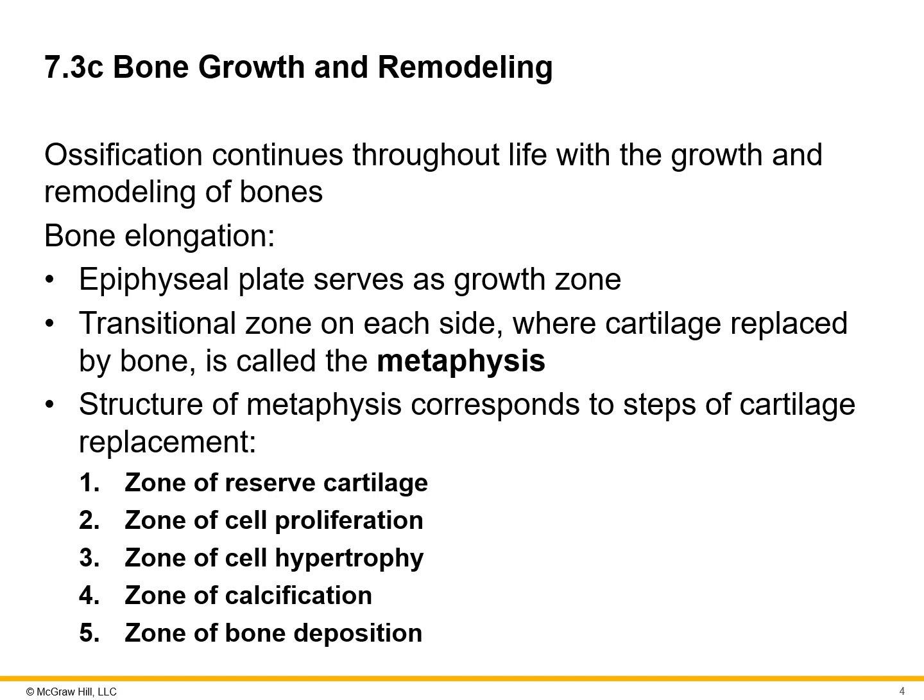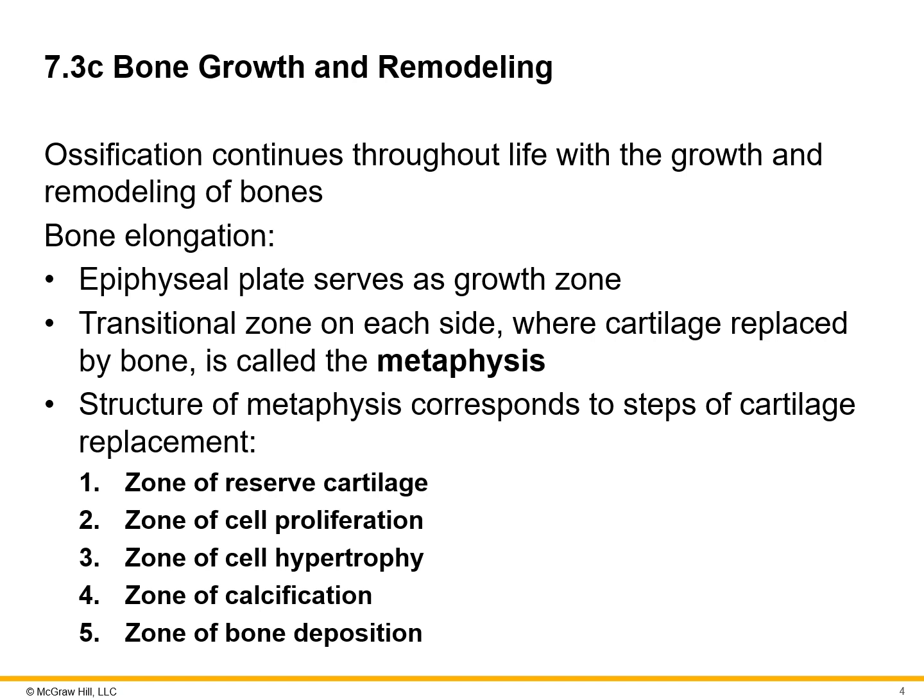This is going to serve as the growth zone. There is a transitional zone on each side of the epiphyseal plate where cartilage is going to be replaced by bone. This is where the epiphysis meets the diaphysis, called the metaphysis. The structure of the metaphysis is going to change and correspond to the steps of the cartilage being replaced by bone.